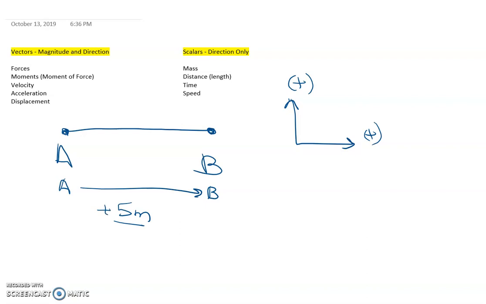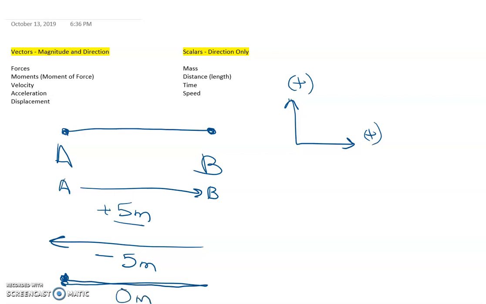But if we now go from B to A, that displacement would be negative, so it would be minus 5 meters. Again, same magnitude, different signs. And if you go from point A to point B and then back and end up here, then your displacement will be 0 meters.